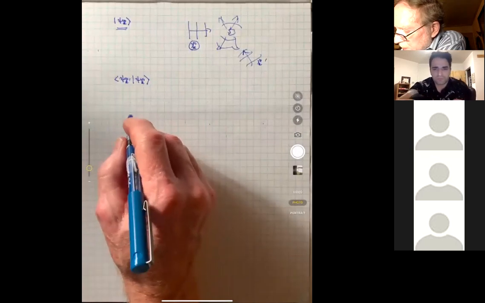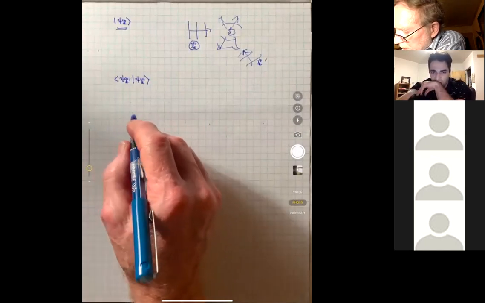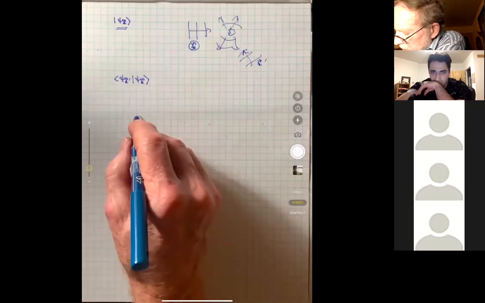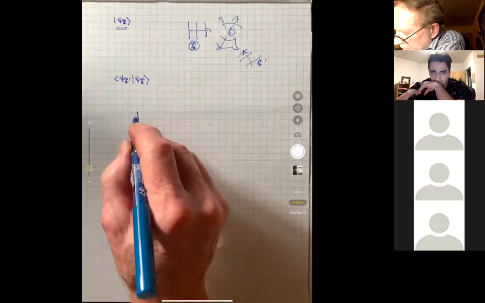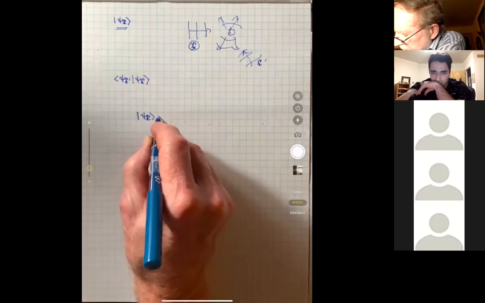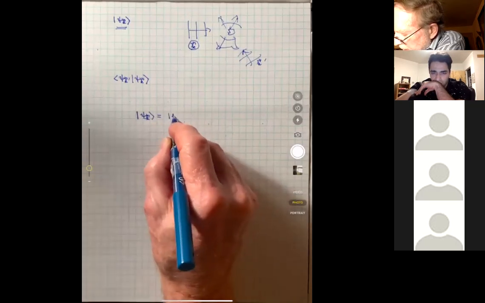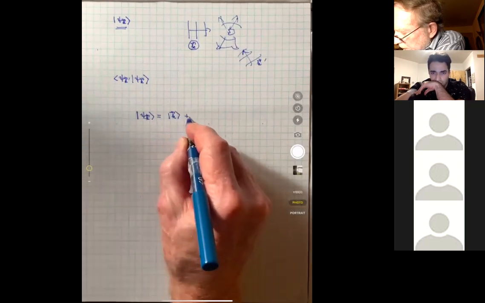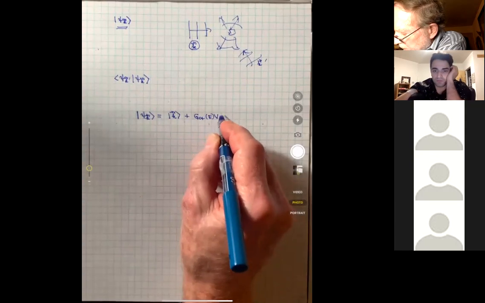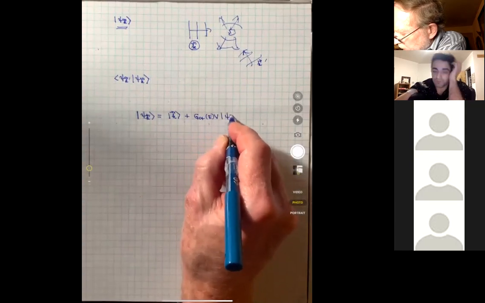What I want is this: there are two versions of the Lippmann-Schwinger equation. There's the original one we started with, that psi k is equal to k plus G0 plus of energy E times V times psi k. That's the original Lippmann-Schwinger equation.